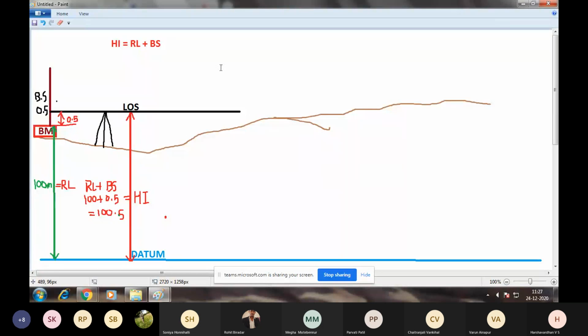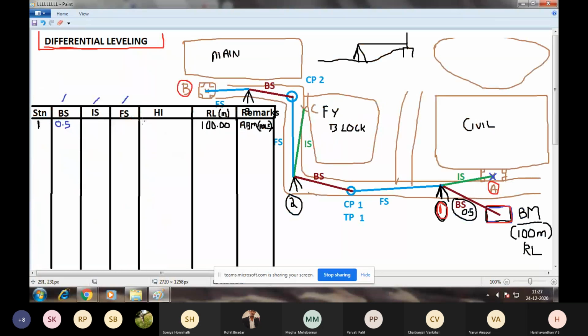Any doubts? Okay, moving on. So here 100 plus 0.5, so height of instrument is 100.5 meters, and all the heights of instrument are in terms of meters.